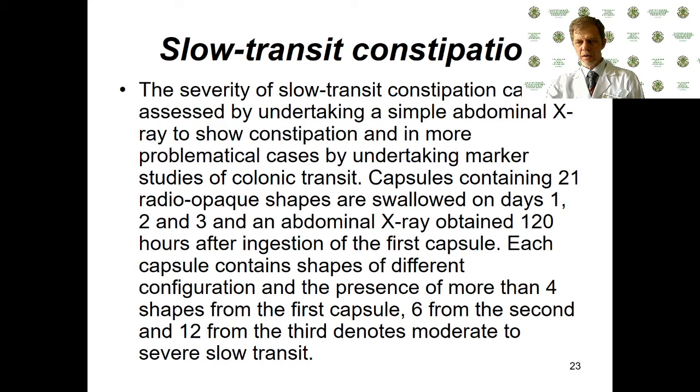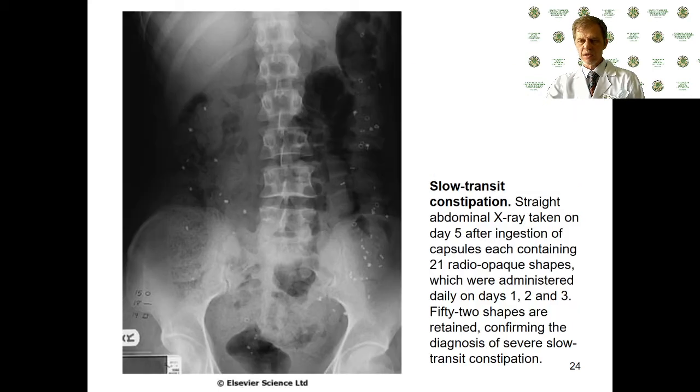120 hours after ingestion of the first capsule, and each capsule contains shapes of a different configuration. The presence of more than 4 shapes from the first capsule, 6 from the second, and 12 from the third denotes moderate to severe slow transit. So what you can see here, these are the shapes. The idea is we just try to understand how often these shapes, which patients swallow in a special capsule, pass through.